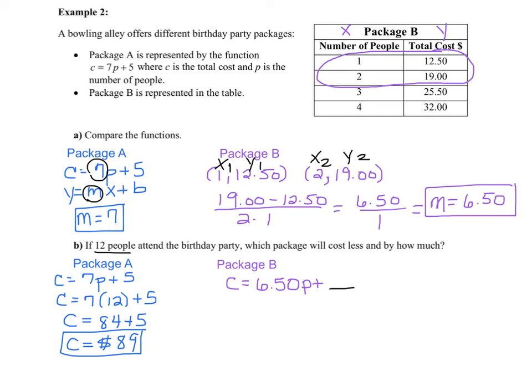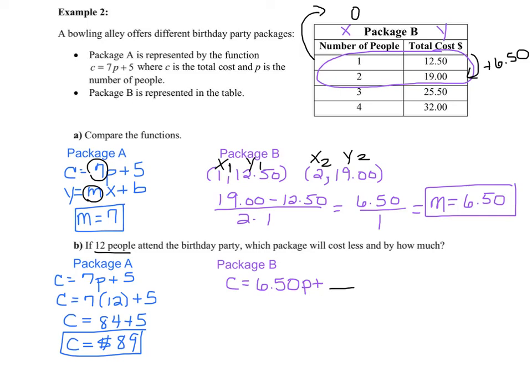We're going to have to refer back to our table above. Okay, and we just found our rate of change, which is $6.50. So if you look at our table, for every person, we are going up $6.50. We are adding $6.50. And if you recall, your b is your initial value. So your initial value starts at 0. So what would our initial value be if we start at 0?